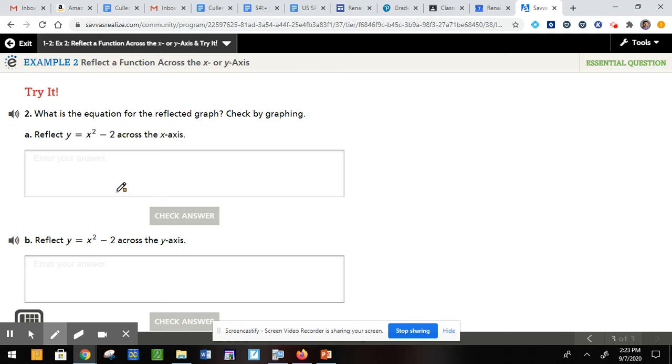All right, so for this one, it'll be y equals negative. I don't know how to type in x squared here. So the way you type in x squared is you hit shift 6.